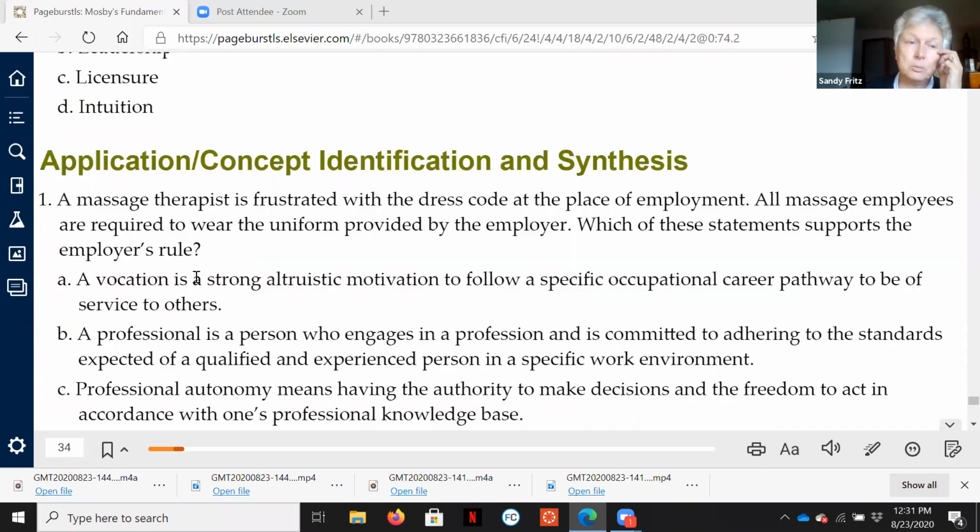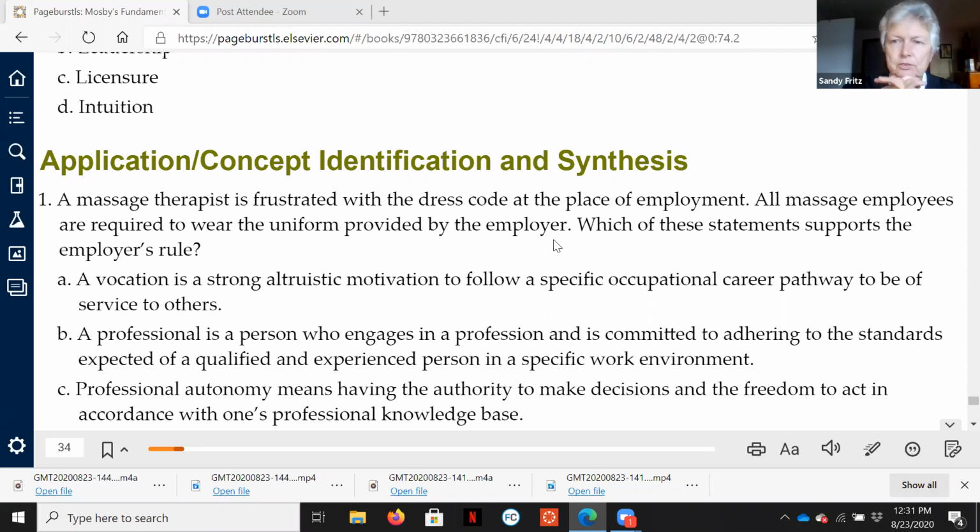So let's get down into one of these application concept identification questions. These are more of a story problem. There are multiple elements that you have to connect together. So this element is related to this element that comes together to help us get to the right answer.